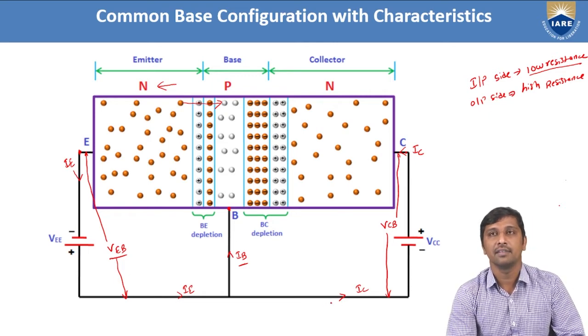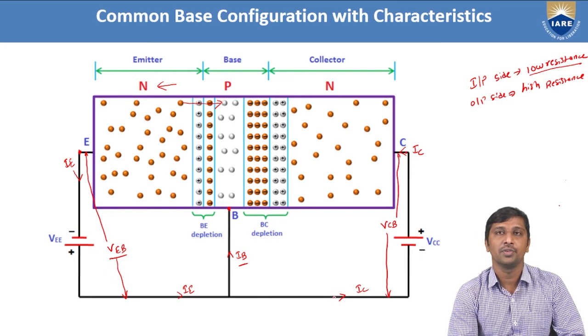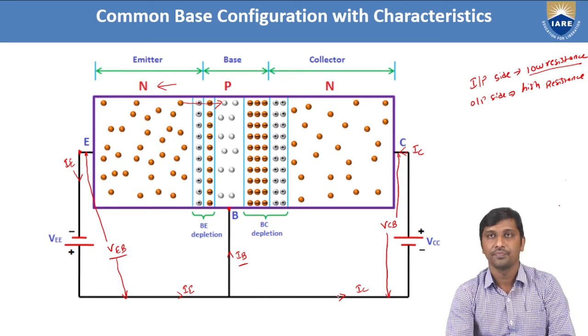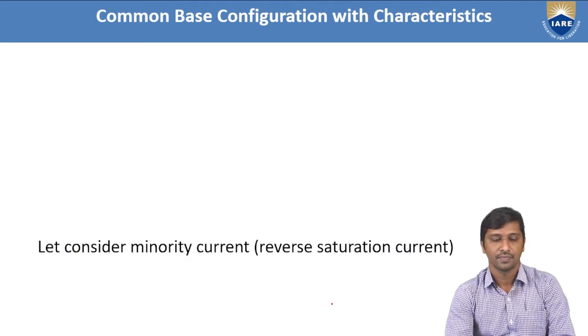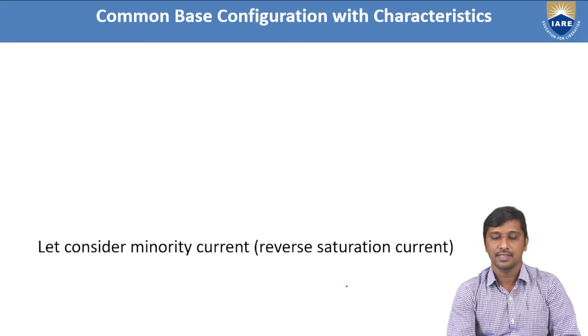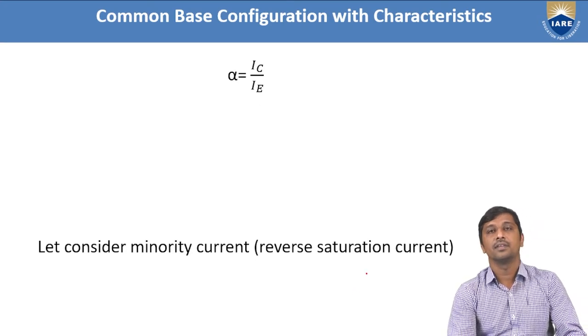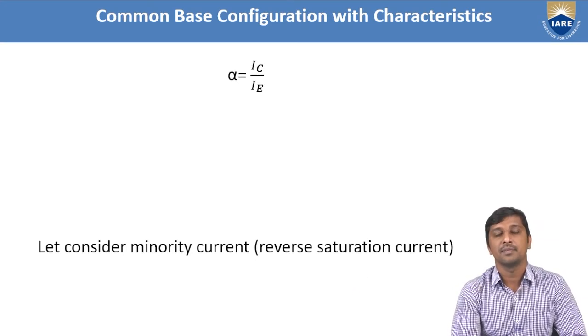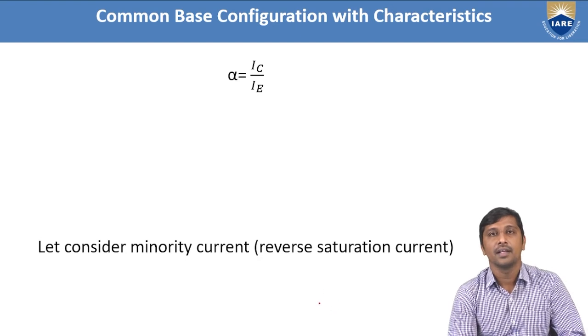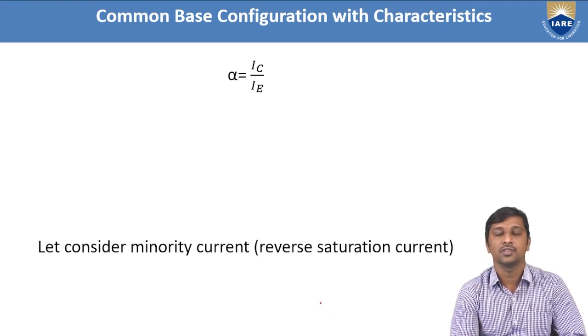By using this configuration, we are now going to analyze the characteristics of the common base configuration. Before going to this, let us consider that for any transistor, either NPN or PNP, and whatever the configuration, we have three types of configurations: common base, common emitter, and common collector.